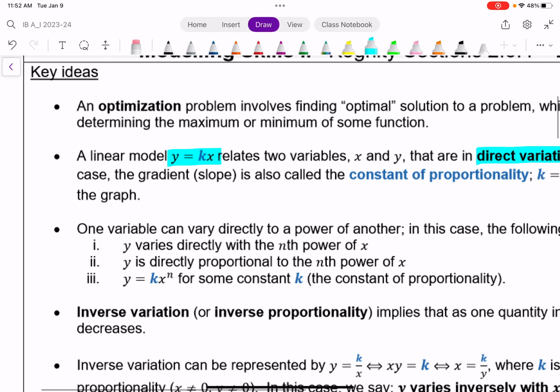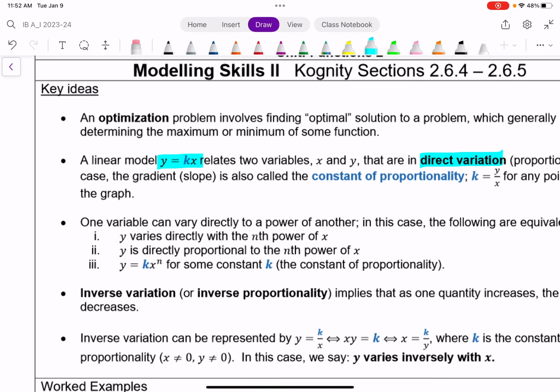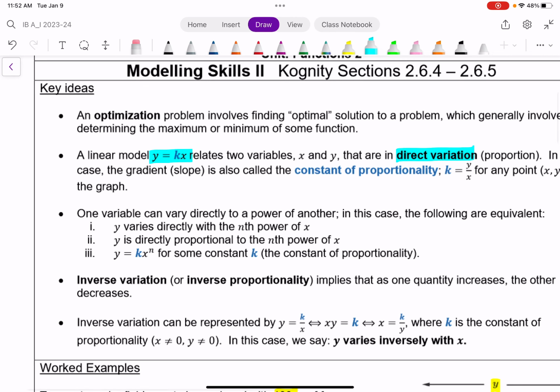And anytime, which is a linear function with a y-intercept of 0, a very simple linear function. And also all linear functions like this that start at 0, then we can say are an example of direct variation. And that's quite simple because you deal with linear functions a lot.